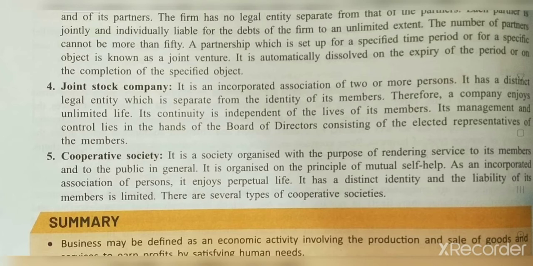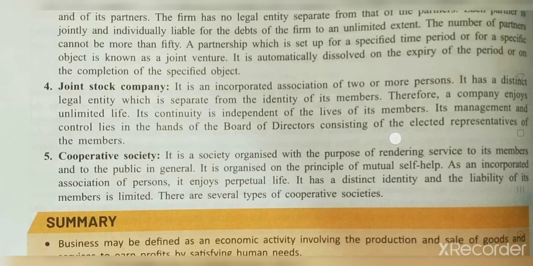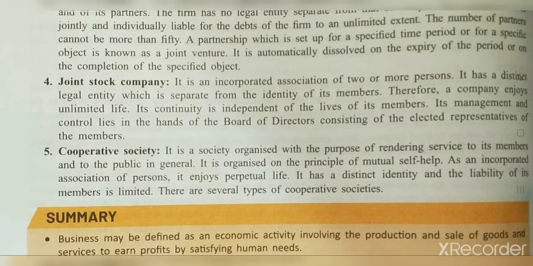Okay, so what is a joint stock company? Especially in the cooperative, you know that all the members of the cooperative are the owners of that particular enterprise. But in the non-corporate, we have the solo proprietorship.